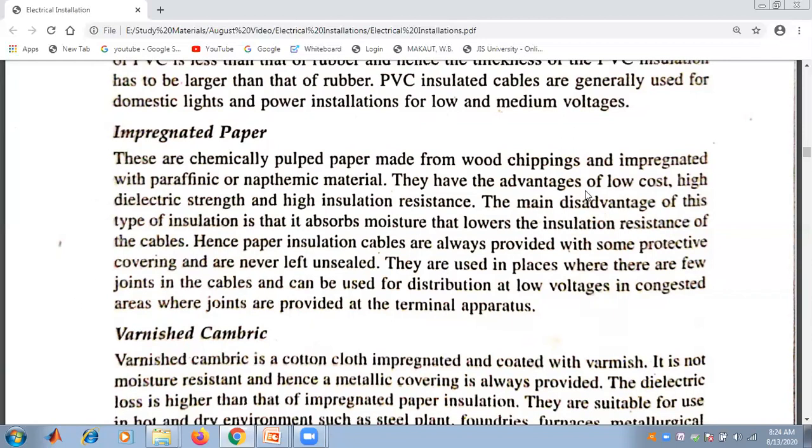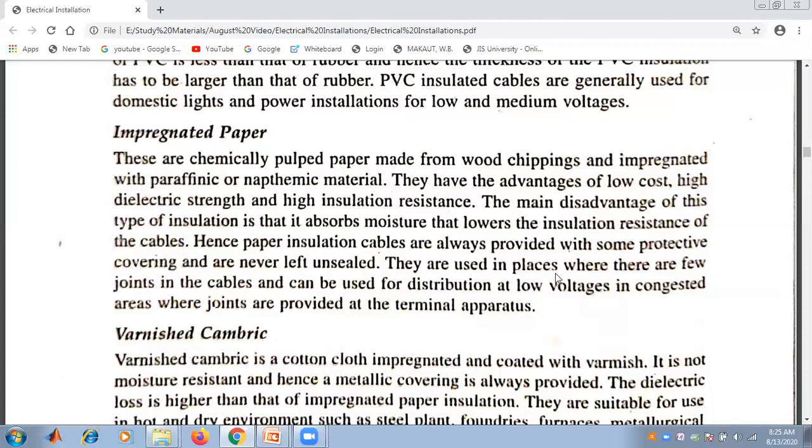They have the advantage of low cost, high dielectric strength, and high insulation resistance. The main disadvantage of this type of insulation is that it absorbs moisture, which lowers the insulation resistance of the cables. Hence, paper insulated cables are always provided with some protective covering and never left unsealed.